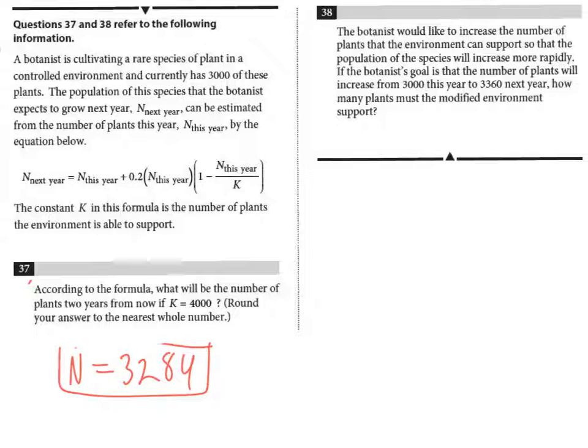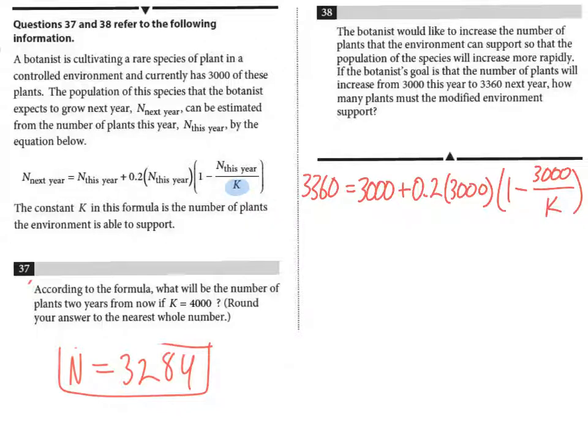So we are just going to be figuring out what the K value is that will facilitate this increase in population. If we know that next year we want to have 3,360, and this year we have 3,000, plus 0.2 times 3,000, that's this year, times 1 minus this year over K.